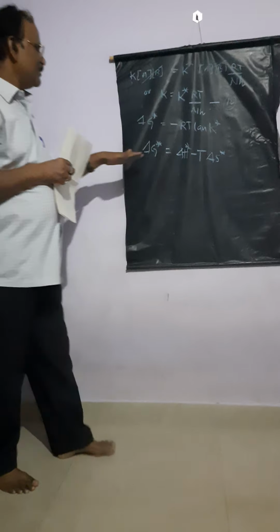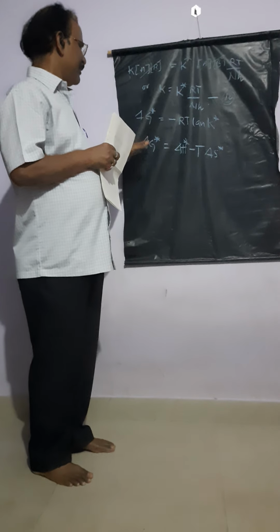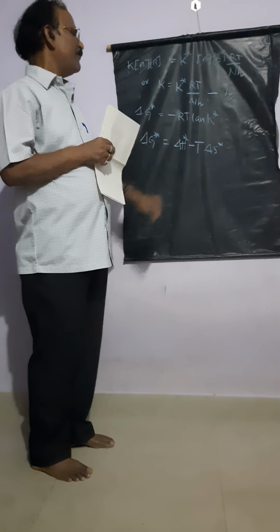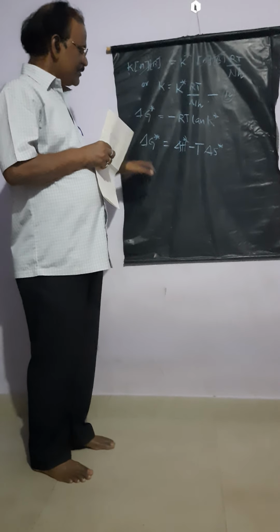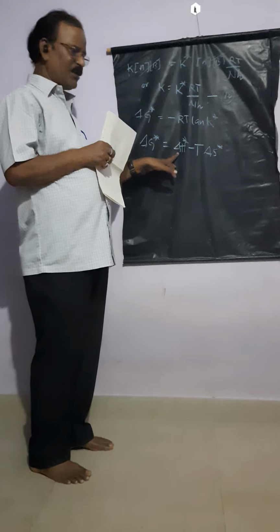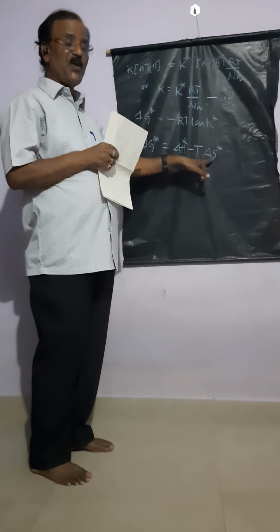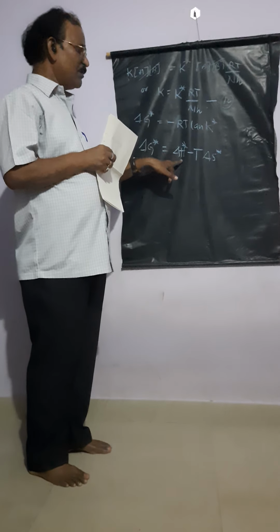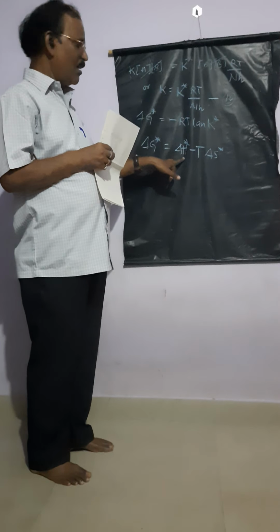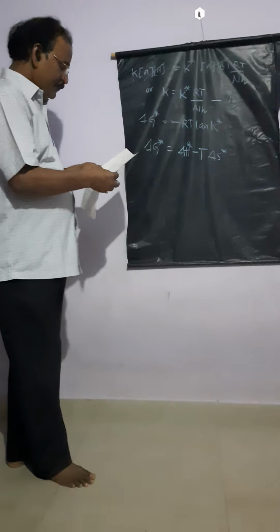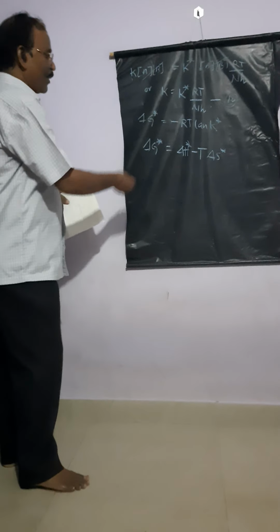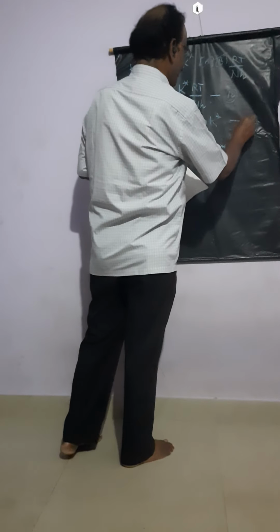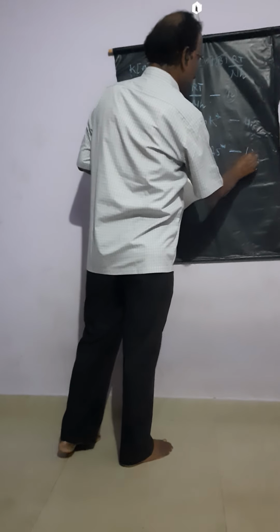That is the relation between delta G and the equilibrium constant of the reaction, and between delta G and the change in enthalpy and change in entropy of the reaction. Say this is equation 11 and here it is equation 12.